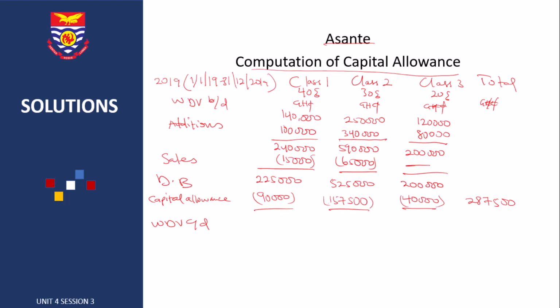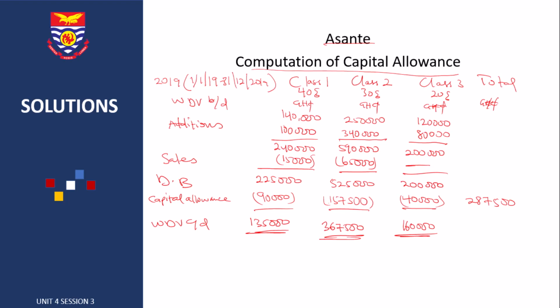So for class 1, we are getting 135,000. For class 2, we have 367,500. For class 3, we have 160,000. So this is capital allowance for 2019 year of assessment.